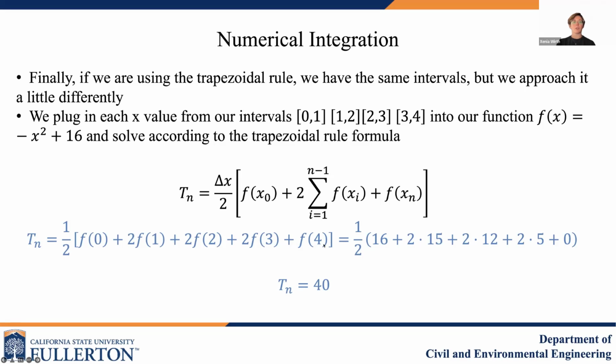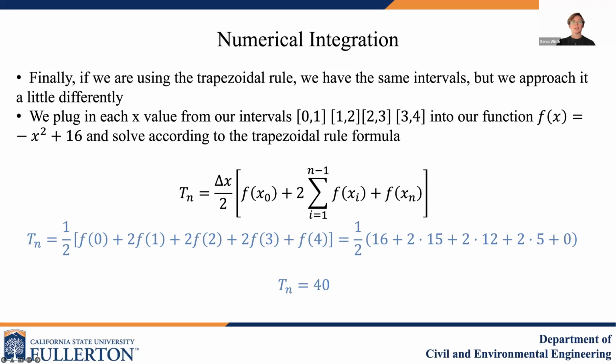But then for f of x at n, which in this case is the fourth position, x is equal to 4, and we evaluate that without multiplying it by 2. So we don't have a constant here, and we don't have a constant at the 0th position. Then we multiply that whole expression by delta x over 2. In this case, delta x is 1, so that'd be multiplying it by 1/2.